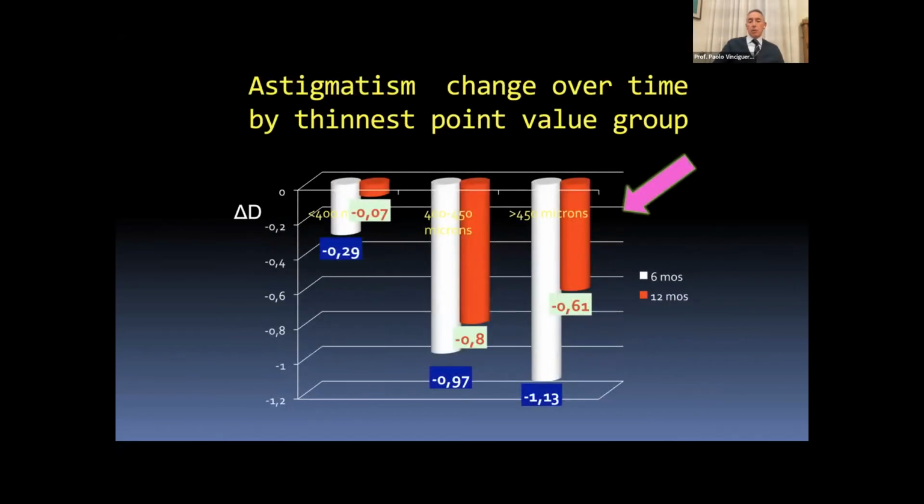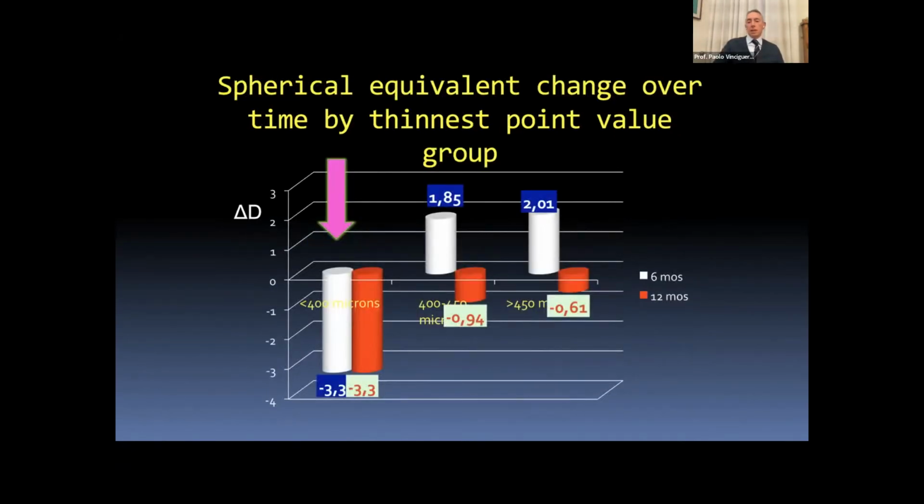The astigmatism change over time is better when the pachymetry is more than 450 micron. The spherical equivalent change over time is greater in the thinnest group.